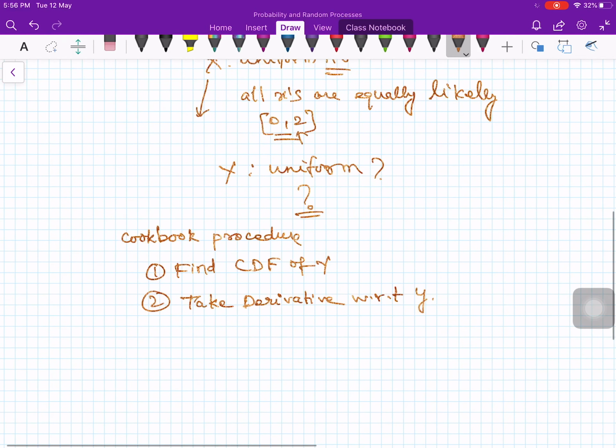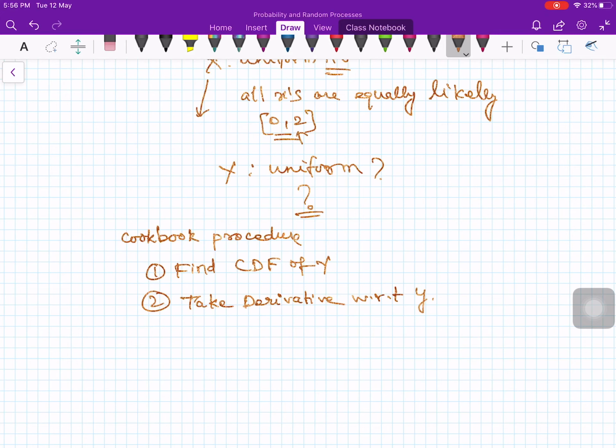So we first want to find the cumulative distribution of the random variable y, which by definition is the probability that the random variable is less than or equal to a certain number.